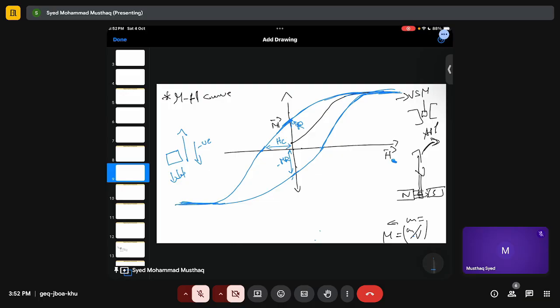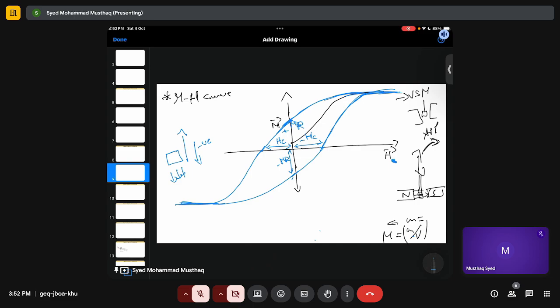So this very humble MH curve, that's what people used to say, and then you will have minus Hc here. So it is positive Mr and negative Mr.